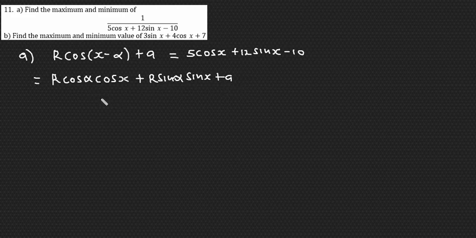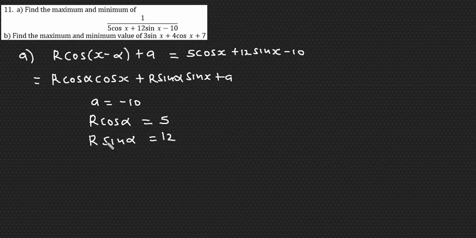If we compare, our a is negative 10, then the coefficients: on cos x, we have r cos alpha equal to 5. Now the coefficient on sin x is 12 on the other side, so we have r sin alpha equal to 12.